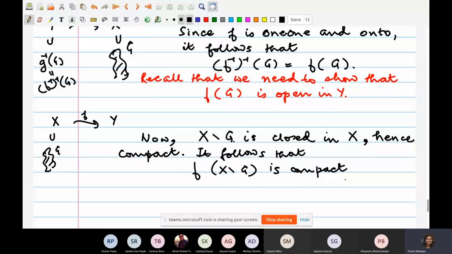Now, this set, the image of the complement of G under f, is compact, and hence here's the next statement, closed in Y. Why is this set closed? Because compact sets are always closed and bounded. So all I'm using is that the image of the complement of G is compact and hence closed.